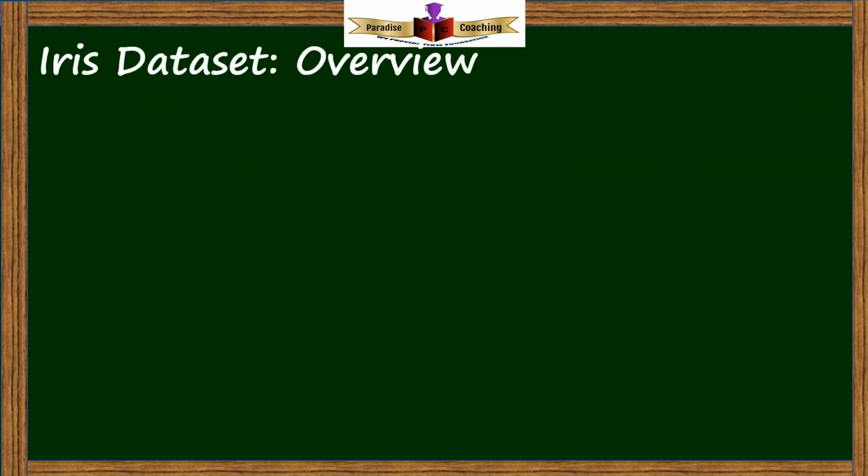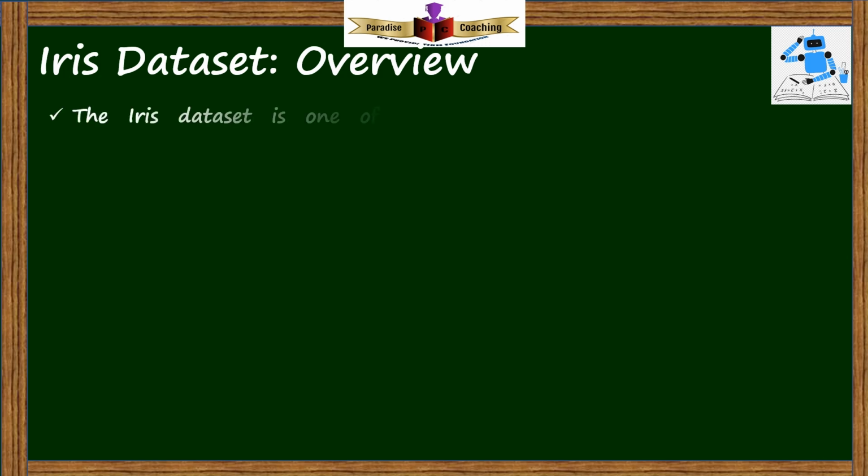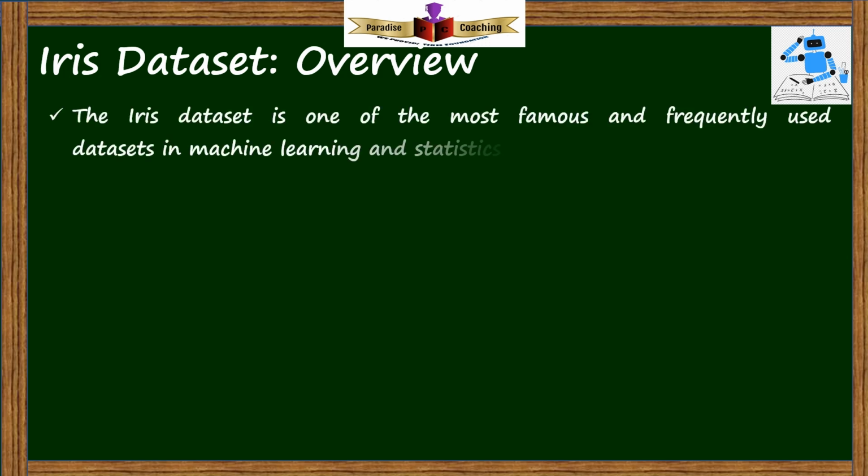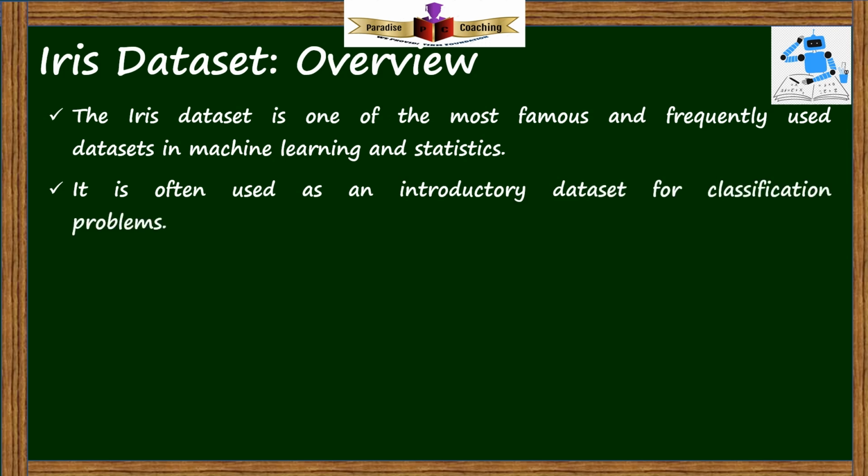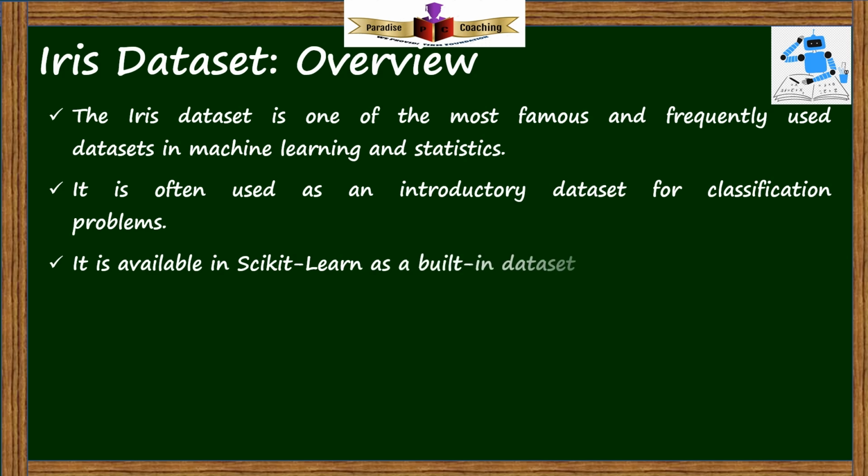Before actually moving to development and testing the concepts, let's discuss the Iris dataset. The Iris dataset is one of the most famous and frequently used datasets in machine learning and statistics. It is often used as an introductory dataset for classification problems. It is available in Scikit-Learn as a built-in dataset.